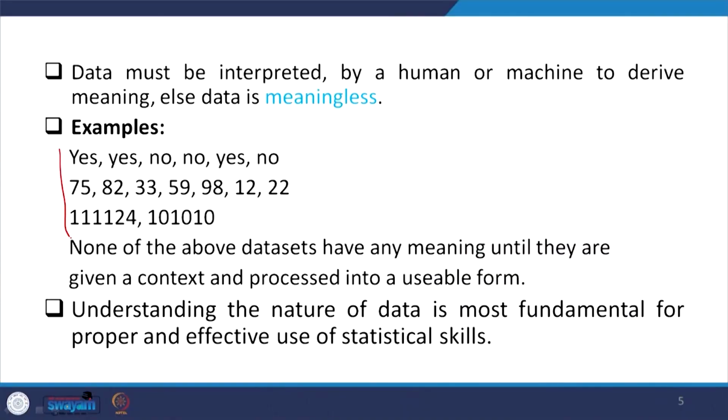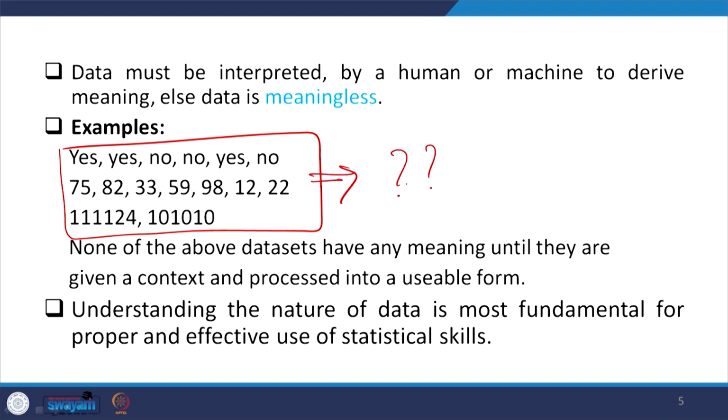For example, we may have some data structured like yes, yes, no, no, yes, no, again 75, 82, any number of digits. If it is not systematically presented, with a number of question marks, we do not derive any interpretation out of it.